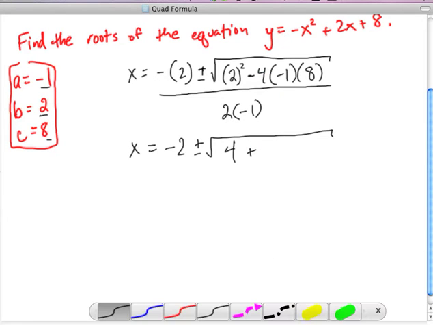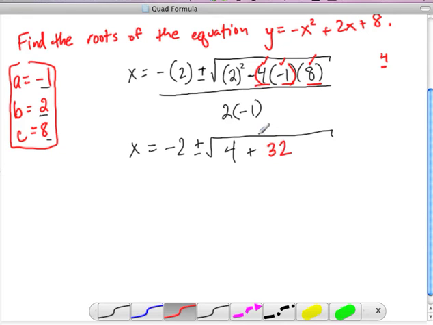And watch how I check these out. 4 times 1 is 4. Times 8 is 32. So these equal 4, and then multiply that times 8, and it's 32. And I already took care of the negatives. Negative times a negative is a positive.